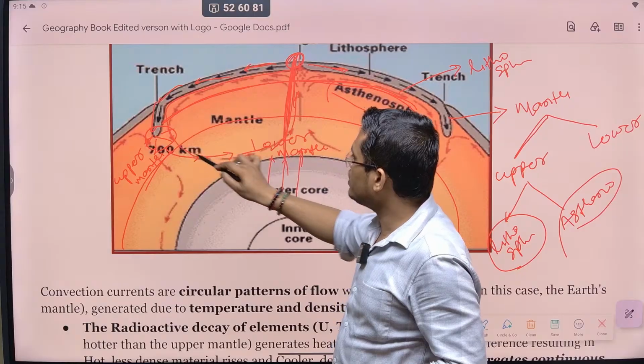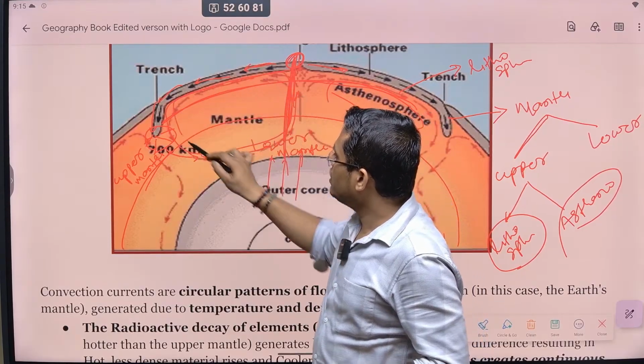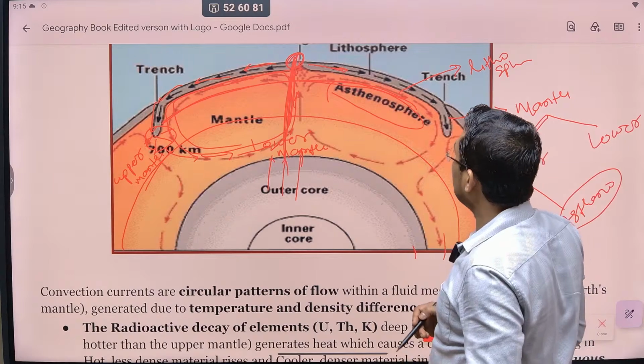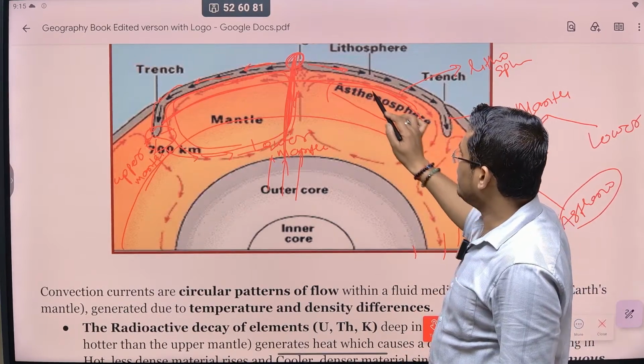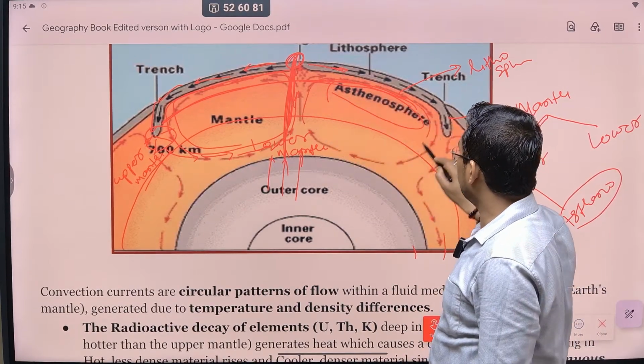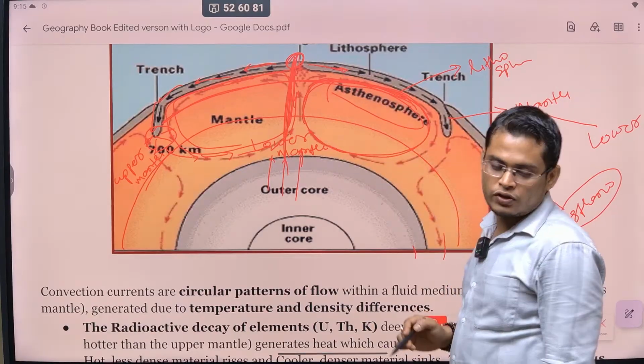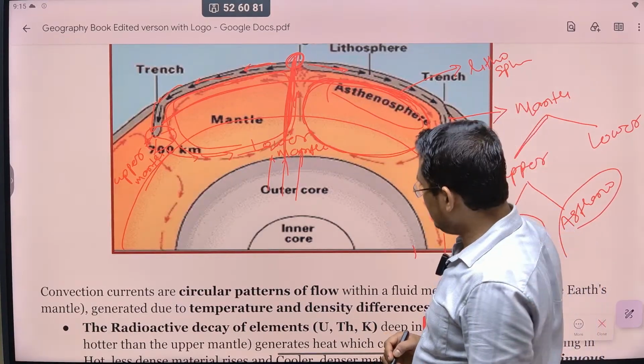This continuous movement is called convection cycle, or convective cells. Same thing happens on this side also. So this is what is called convective cell theory.